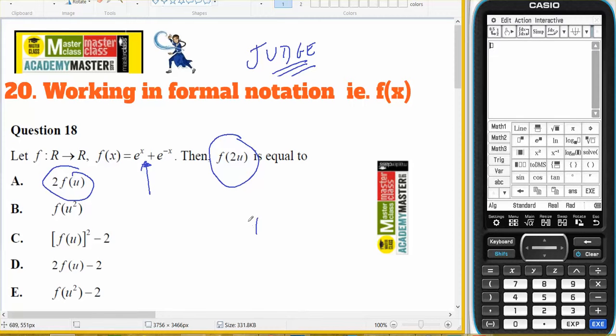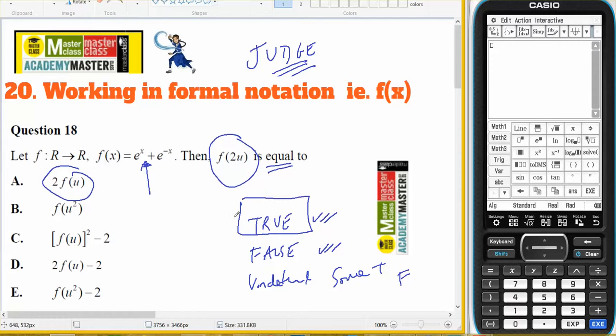And it will say true if it is always true, false if it is always false, and undetermined if it is sometimes true and sometimes false. So if I'm looking for equals, I want it to be always equal, so I'm looking for a true statement.